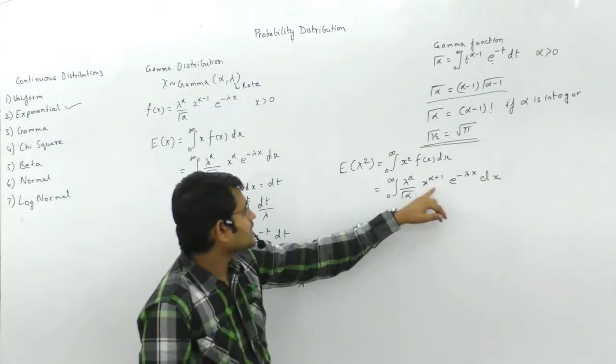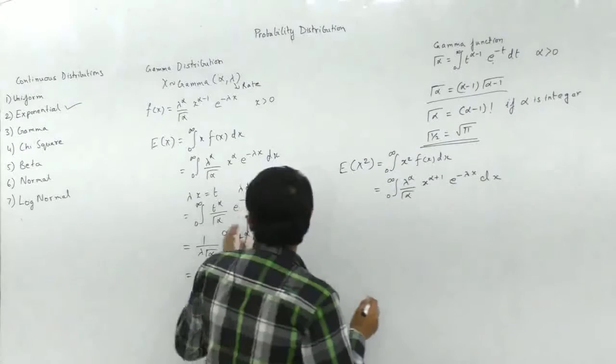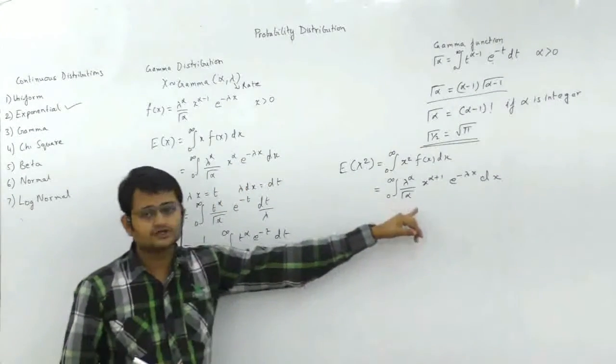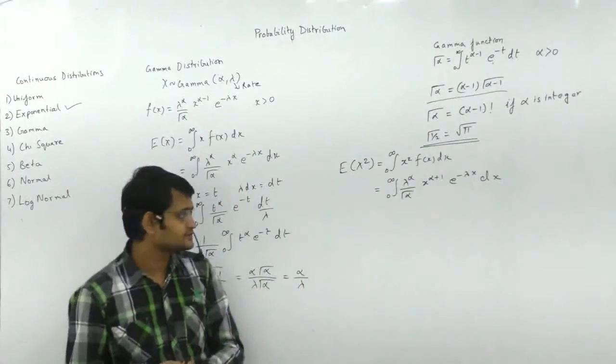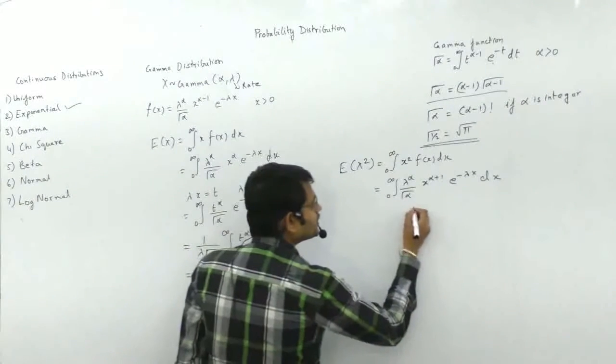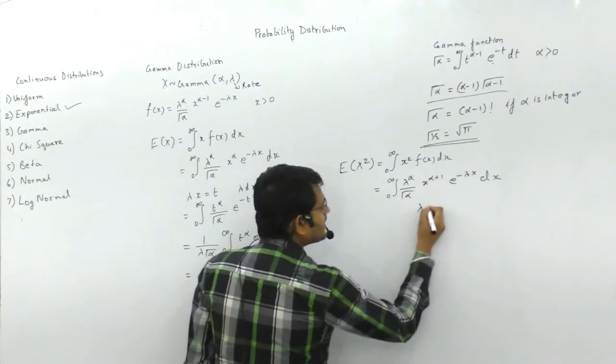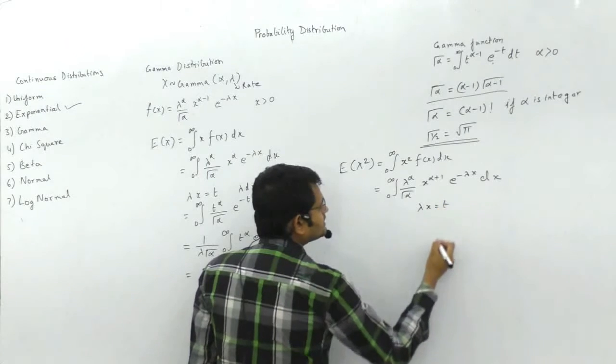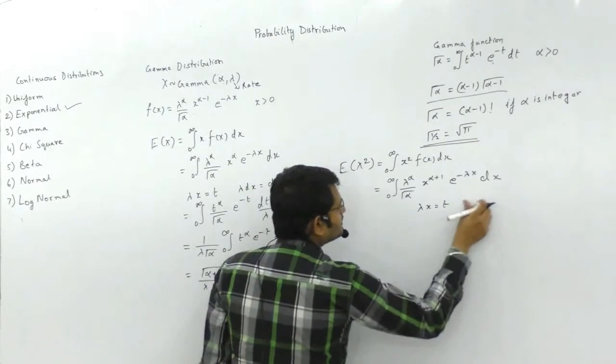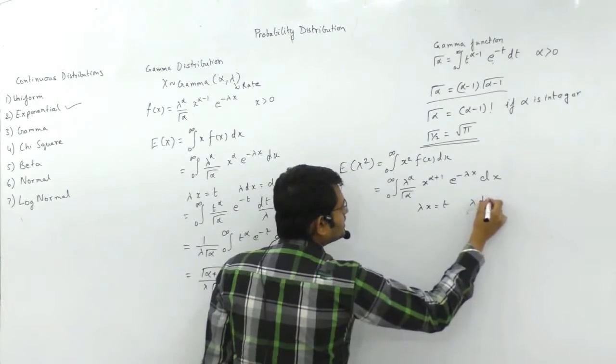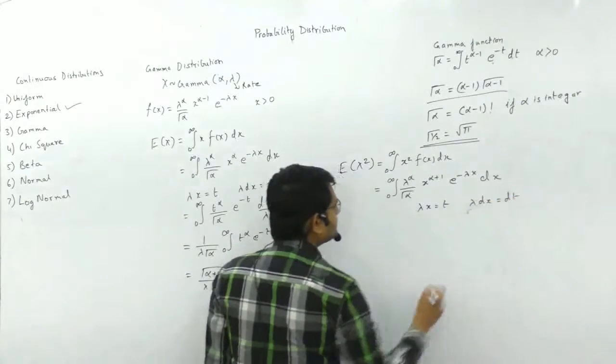So basically now all the difference between this term and this term is just we have one extra x. Here again we are going to use the same concept. We'll use lambda x as t, and we need dt, so lambda dx becomes our dt.